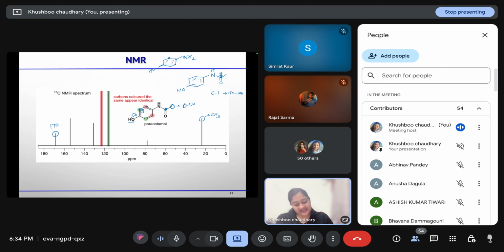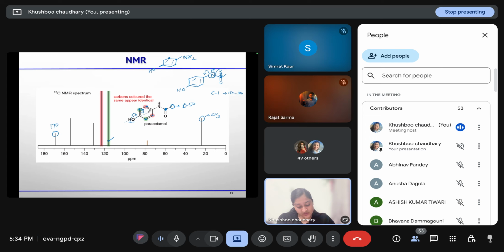But in this case nitrogen is attached to the carbonyl carbon, so its electrons are already involved in conjugation with the carbonyl carbon, so its tendency to give electrons to the ring is less than that of the oxygen, which gives electron density purely to the aromatic ring. So that's why the carbons ortho to the hydroxyl group are more shielded than the carbons ortho to the nitrogen.